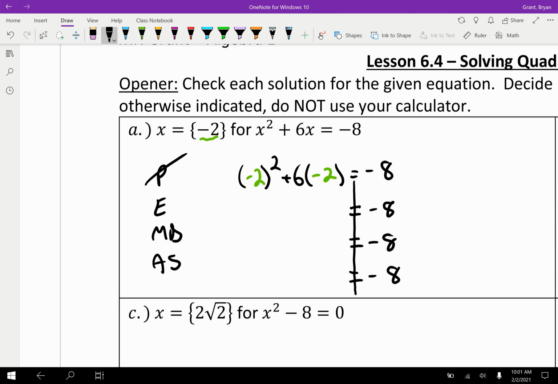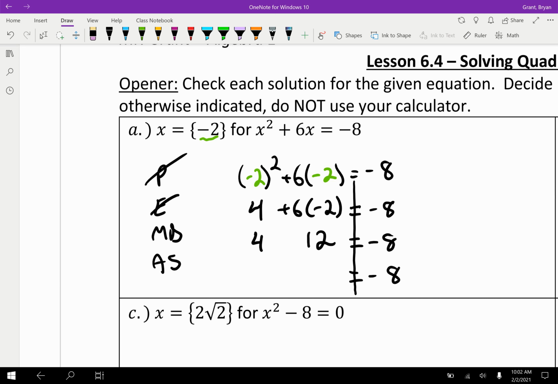Next we do our exponent. There is an exponent here, and we need to remember that a square means we take -2 and multiply it by itself. -2 times -2 is a +4. So now we've taken care of the exponent. Next, we do any multiplication and division we see in the problem. I do see a 6 times -2, which is -12.